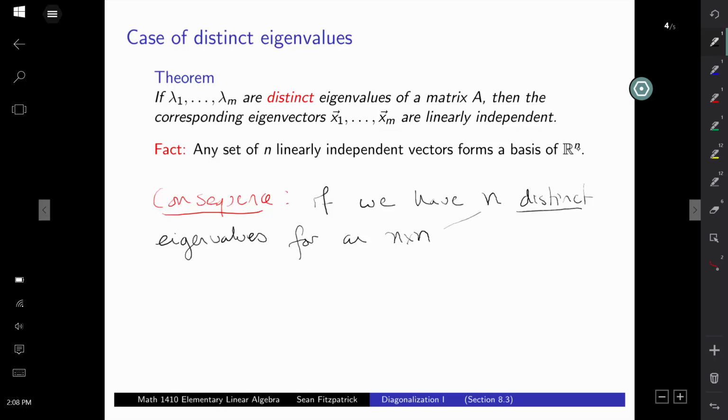So the two n's here match up. Okay, n eigenvalues for an n by n matrix, and each eigenvalue is different, so there are no repetitions.